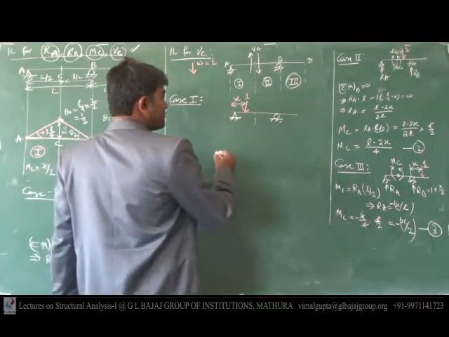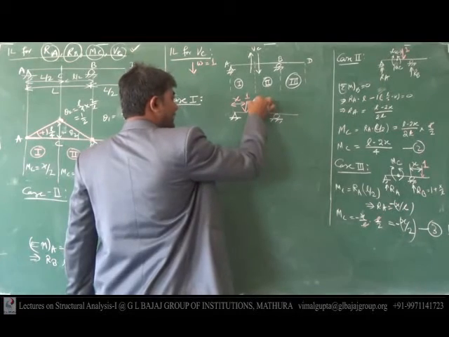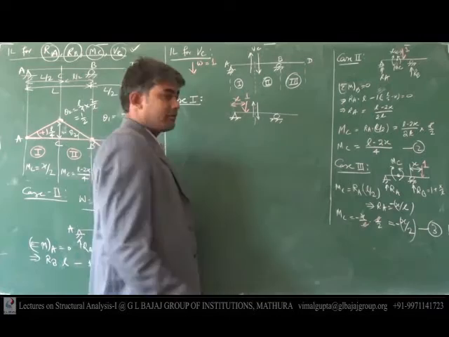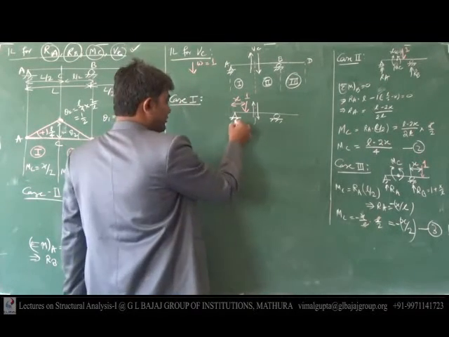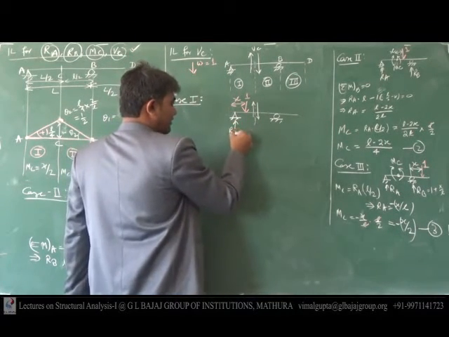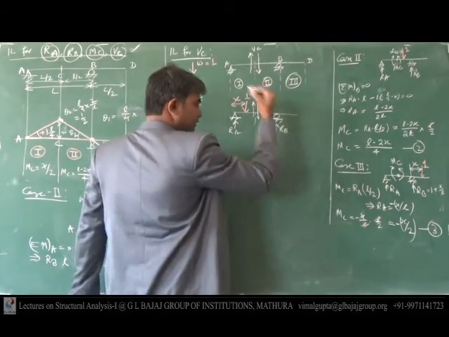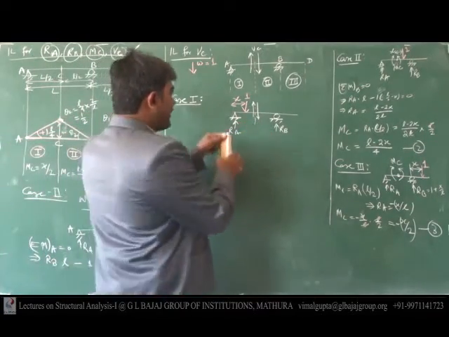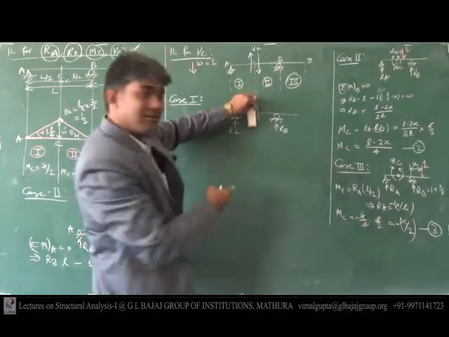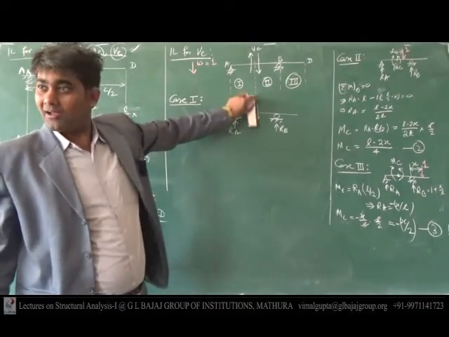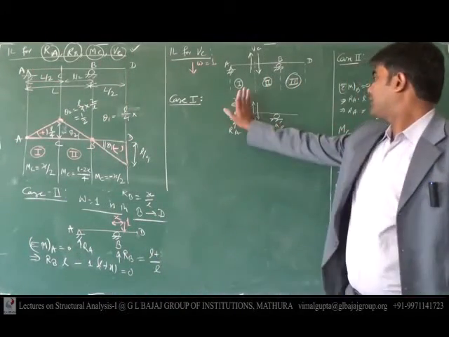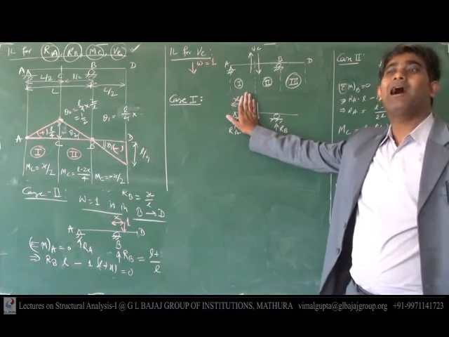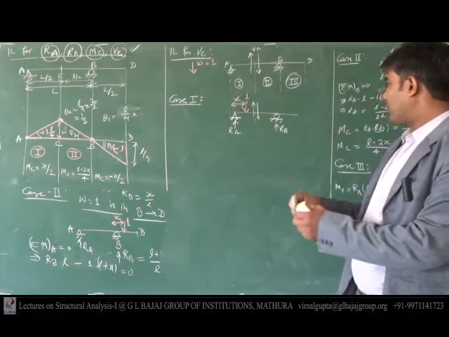And remember what we need: this force. So this value is RA, this value is RB. And what will be the value of VC? Is it RA? If we consider that, then what will be the value of VC? RB. Clear to everybody?